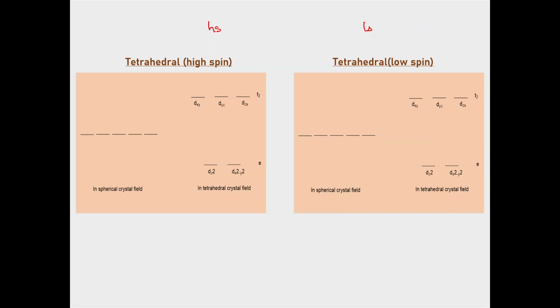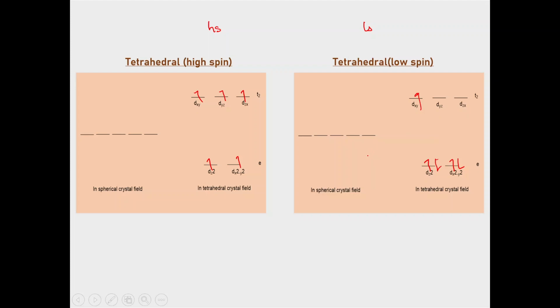Okay. So if we fill d5 here, 1, 2, 3, 4, 5, and 1, 2, 3, 4, 5. Generally, in case of tetrahedral complexes, for pairing up, the pairing energy is required, and for tetrahedral complexes the pairing energy is more.